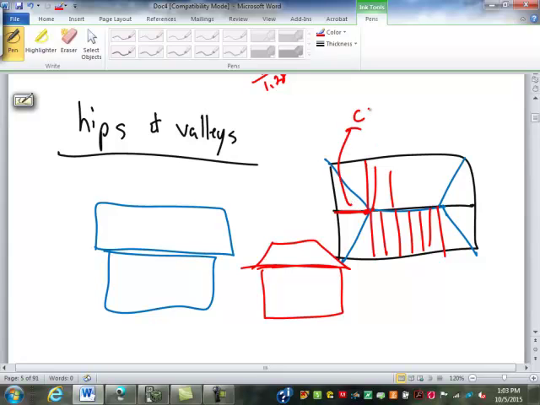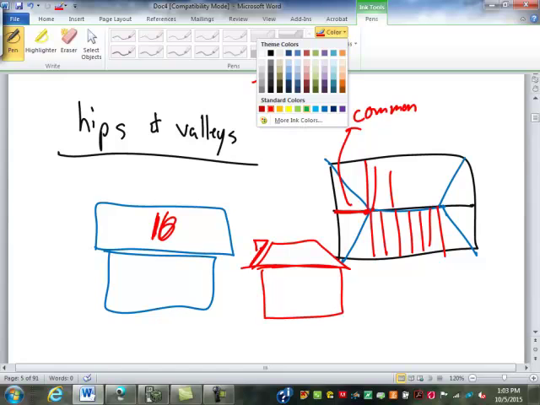If this is what they call a conventional hip, and for right now we're going to assume it's conventional hip. By conventional hip, I mean that whatever the slope is on the main roof, you have the same slope on the hip. So if it's 6/12 slope on the main roof, it's 6/12 slope on the hip. So if we have that conventional hip, that first hip jack is the same length as the common.